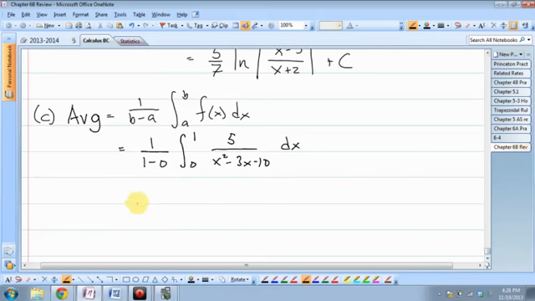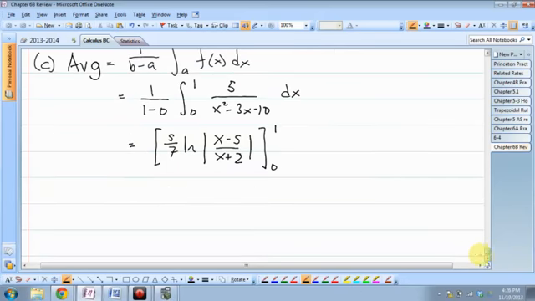Well, that's not a big deal. We already know what the antiderivative is. The antiderivative is 5/7 the natural log of the absolute value of x minus 5 over x plus 2. And we just need to substitute 0 and 1 and subtract. Let's plug in 1.